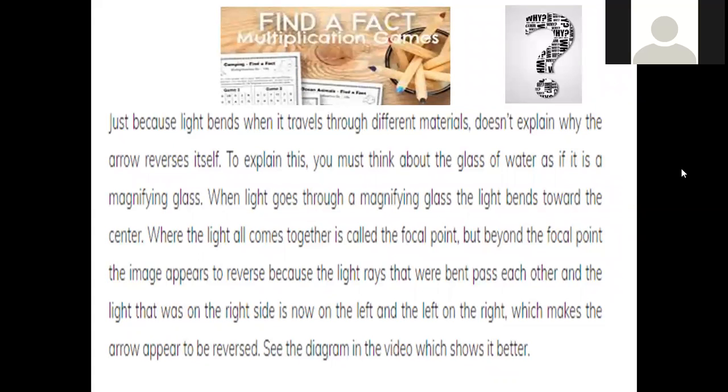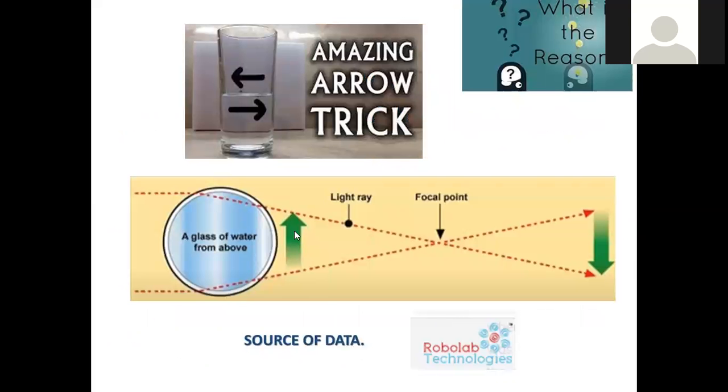And another explanation, a continuation of this: why will it be inverted, let us see. The light rays were already bent because of the refraction process, and the light coming from the right hand side will look like the left hand side, and the left looks like the right hand side, because it will be completely inverted in nature.